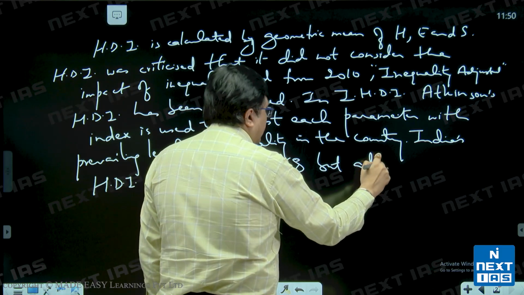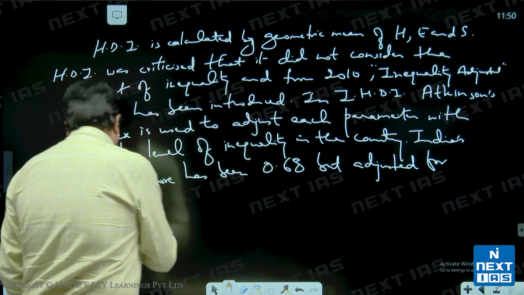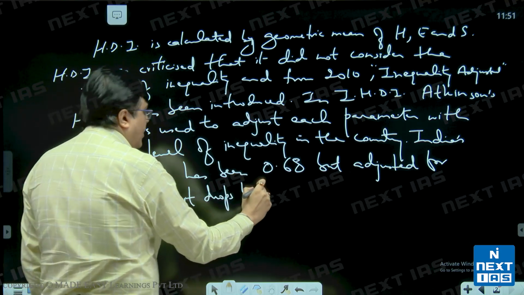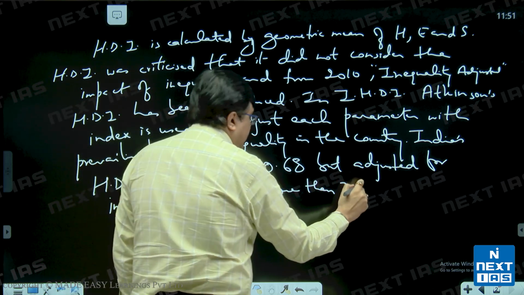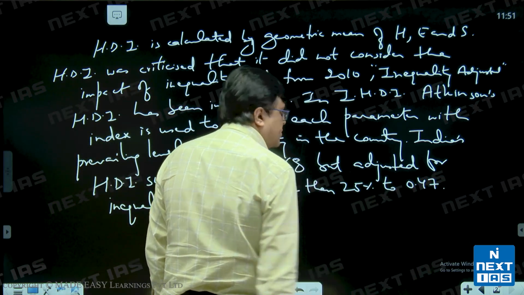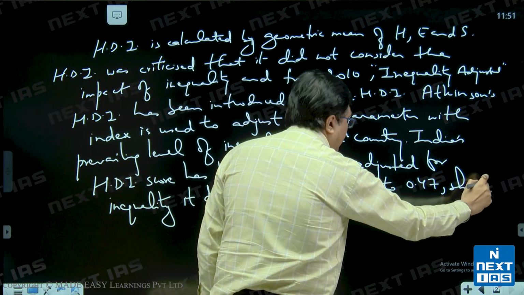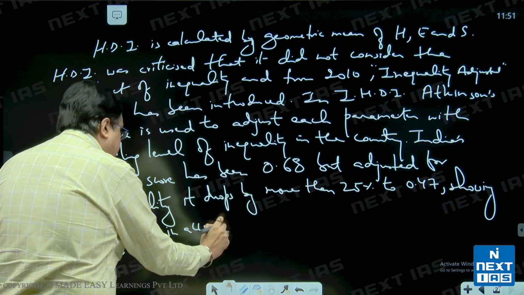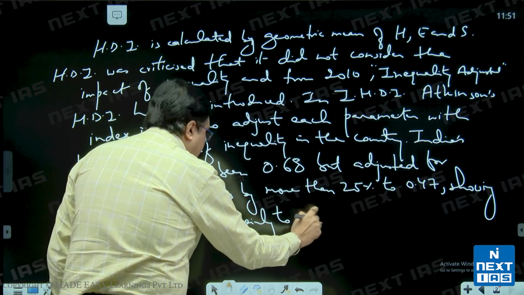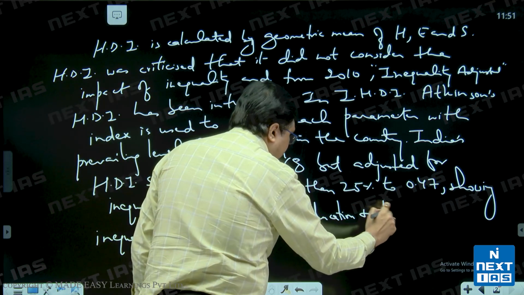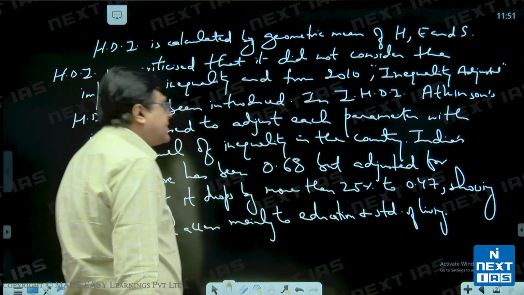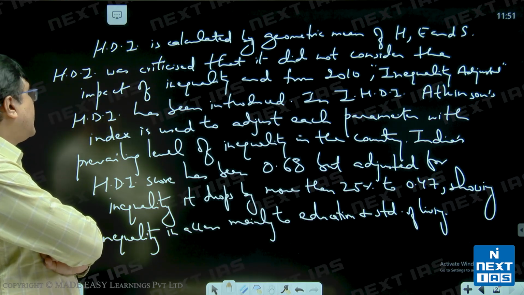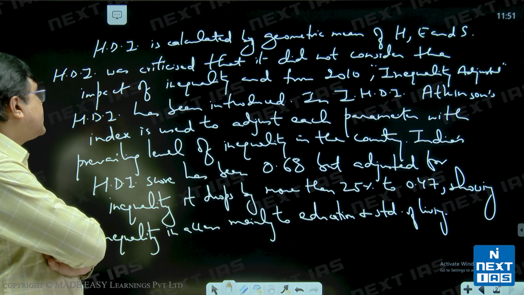But adjusted for inequality, it drops by more than 25% to 0.47, showing inequality in access mainly to education and standard of living.